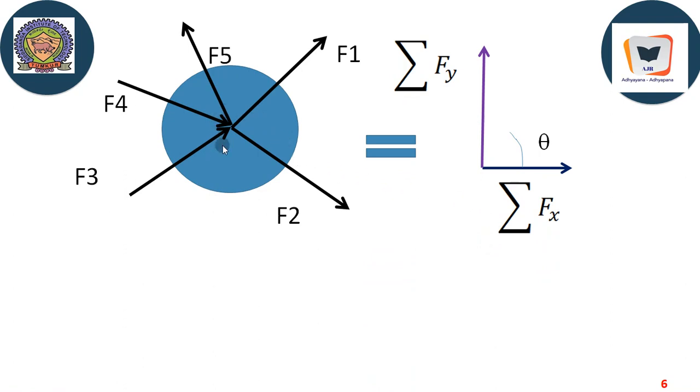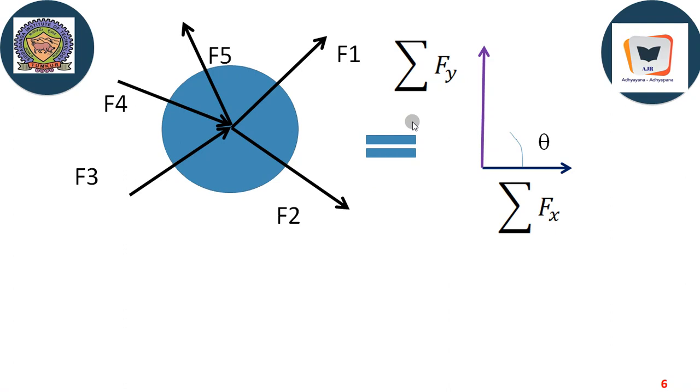We will find the algebraic sum of all the horizontal components of the forces, the horizontal components of F1, F2, F3, F4 and Fn. That will be captured in sigma Fx. Similarly, we will find the vertical components of all the forces, F1, F2 up to Fn, and that will culminate in sigma Fy.